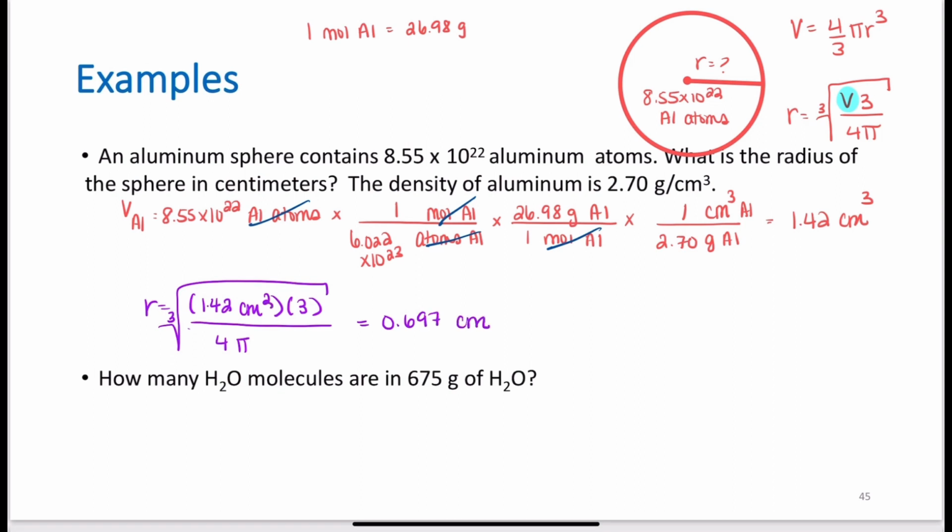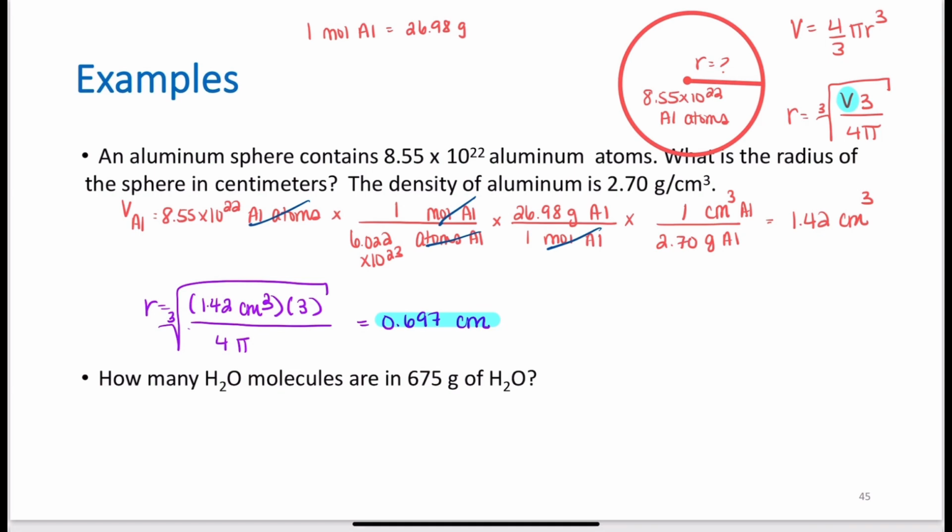Again, this is a cube in here, not a square, so when I cube rooted, that brings me back down to centimeters. If I had an aluminum sphere that contained that many aluminum atoms, the radius of that sphere would be 0.697 centimeters.